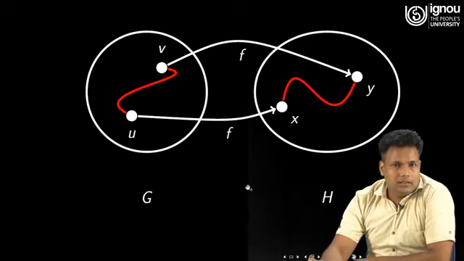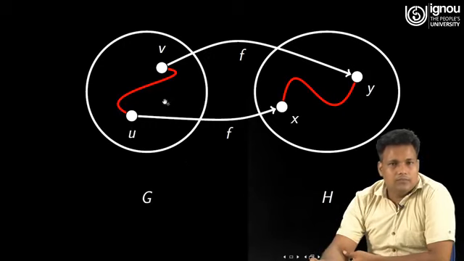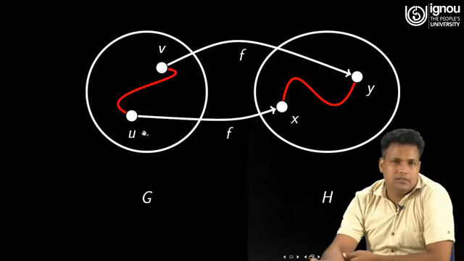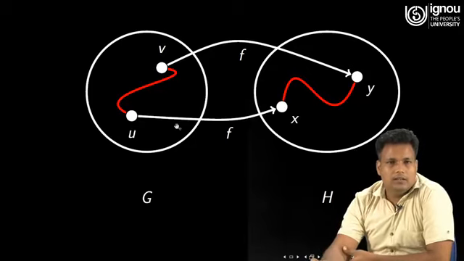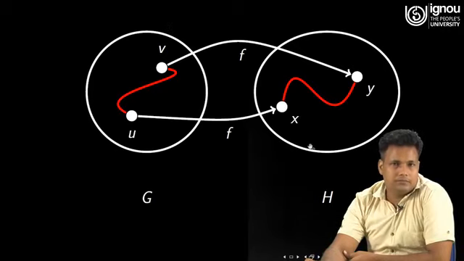In fact, there is nothing special about connectedness. If G and H are isomorphic, then they share all the properties. That means if G has some property, then the same property is also possessed by H. For instance, if G has maximum degree K, then H would also have maximum degree K. If G is connected, H is also connected. If G has K components, H would also have K components.